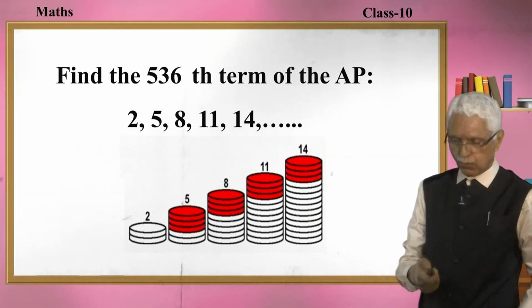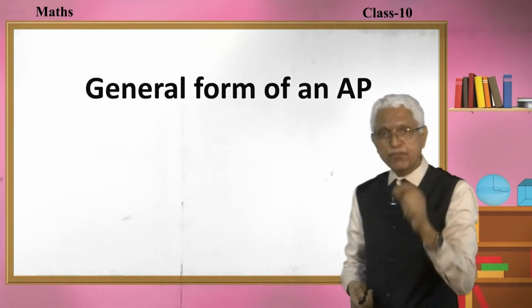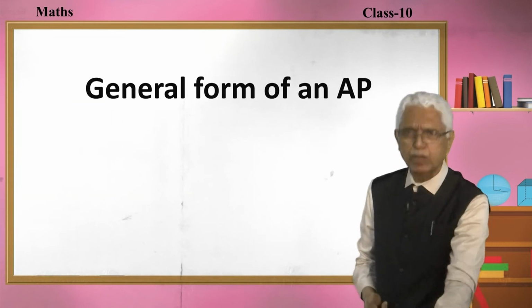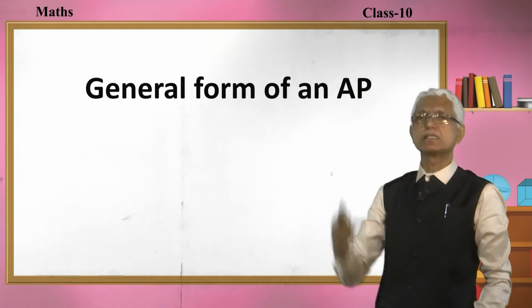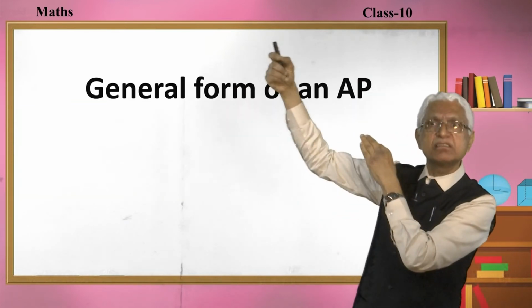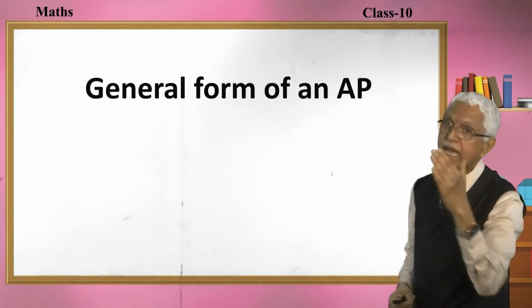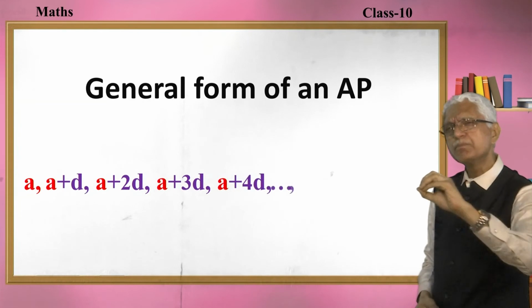If you want to find any particular term of an AP, 100th term, 50th term, 1000th term, you can find it, but not by adding the common difference. For that, mathematicians have thought of a brilliant formula, a simple formula.